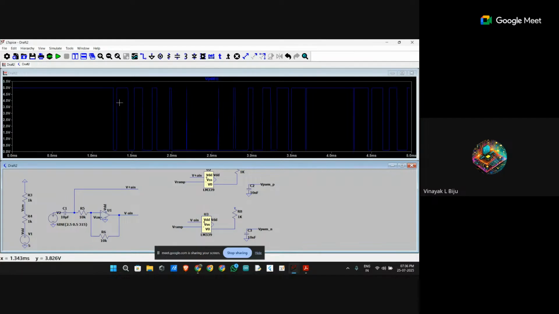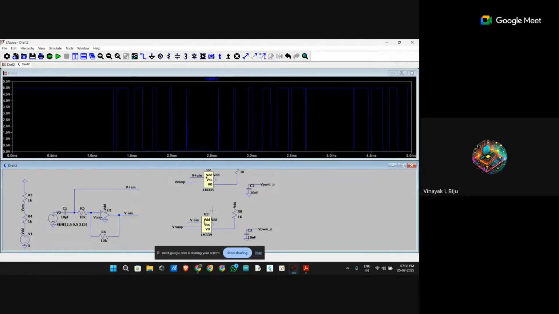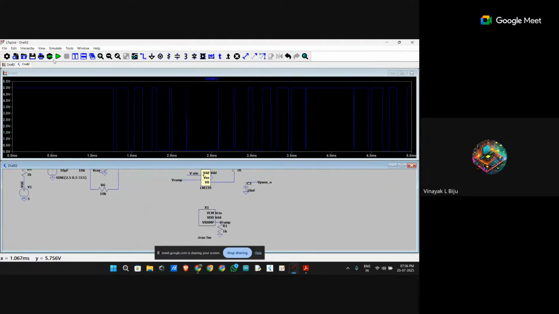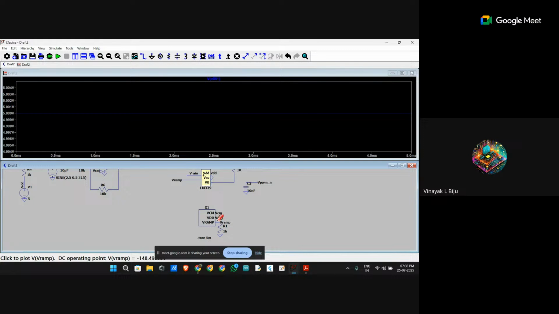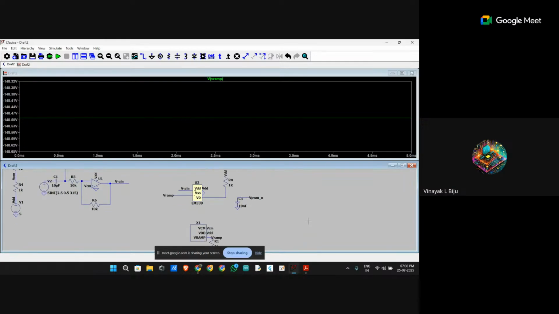My ramp also gets disturbed when the VDD is connected to the second comparator. This is my ramp signal when VDD is connected to the second comparator.